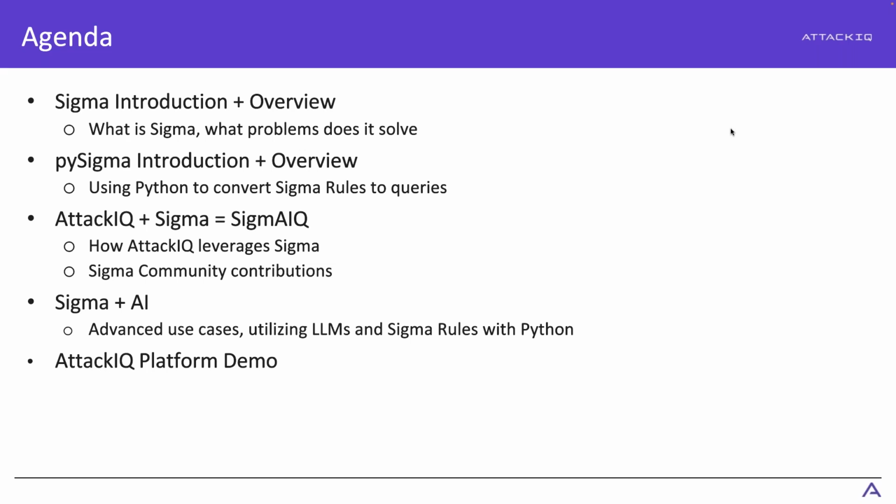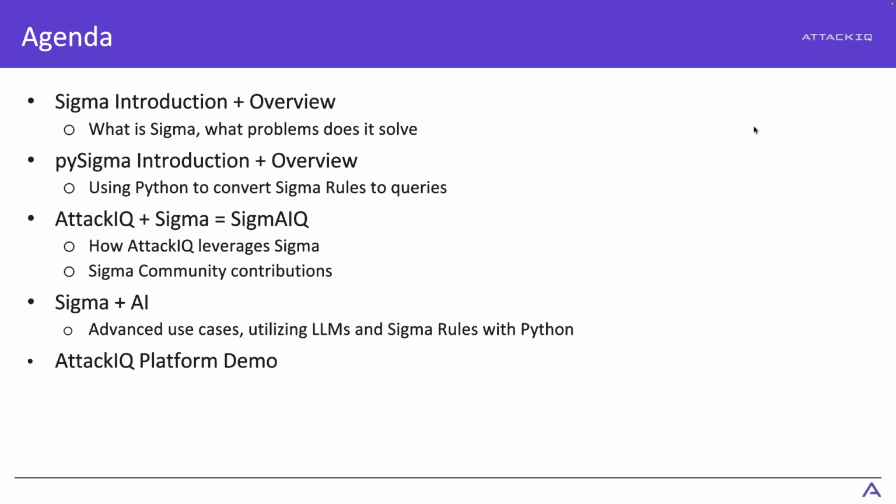Just to give everybody an overview of the agenda, first I'll introduce Sigma, what it is, what problems it solves. I'll introduce PySigma, which is used to convert Sigma rules into queries for different security products. And then I'll go over Sigma IQ, which is what we've done to both incorporate Sigma into the AttackIQ platform, as well as create an open source library to make your life with Sigma easier and have some cool features and tools with it.